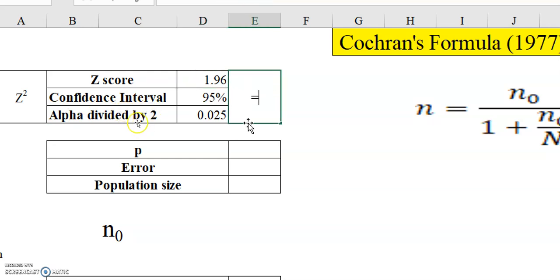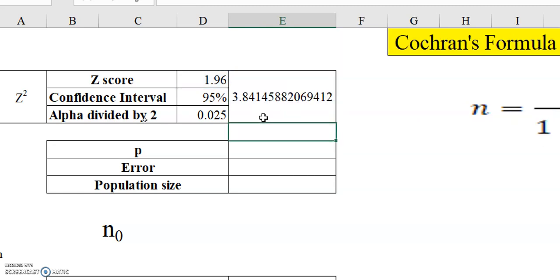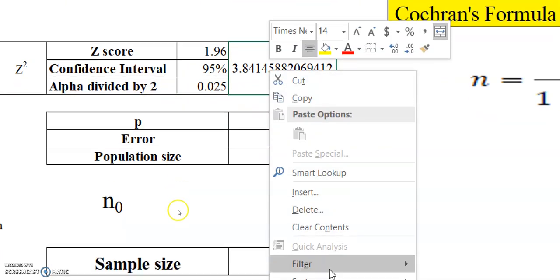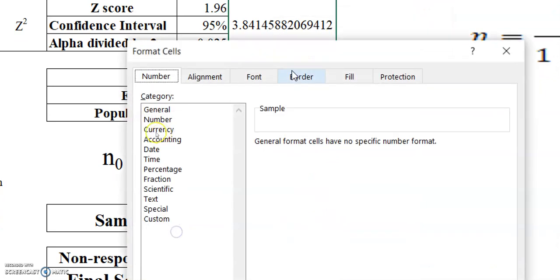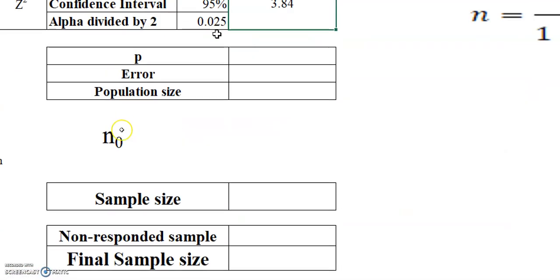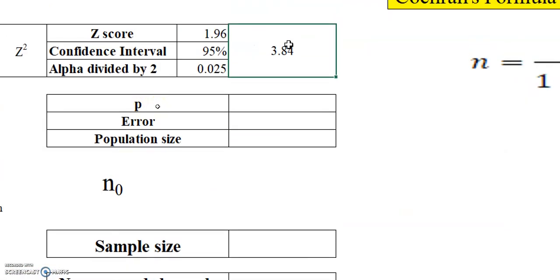Now we can calculate the Z square. So here 1.96, press the shift button and 6, that is the caret symbol, type 2 and enter. Now this is our Z square value. Go to the filter and set 2 decimals: 3.84.